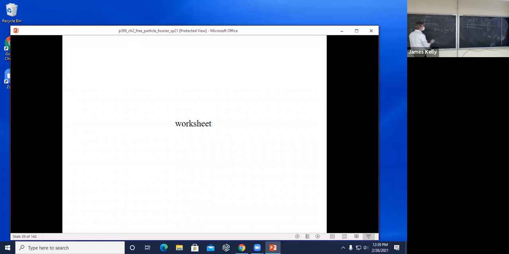Of course, I get those phi of k's from the Fourier-Plancherel theorem, which says they can be calculated this way: integral from minus infinity to infinity of psi of x and 0 times e to the minus ikx, integrating with respect to x. If I can carry this out, that gives me these coefficients.